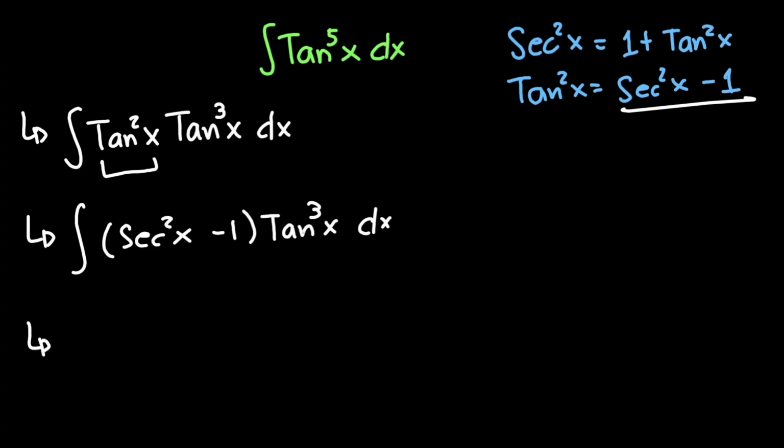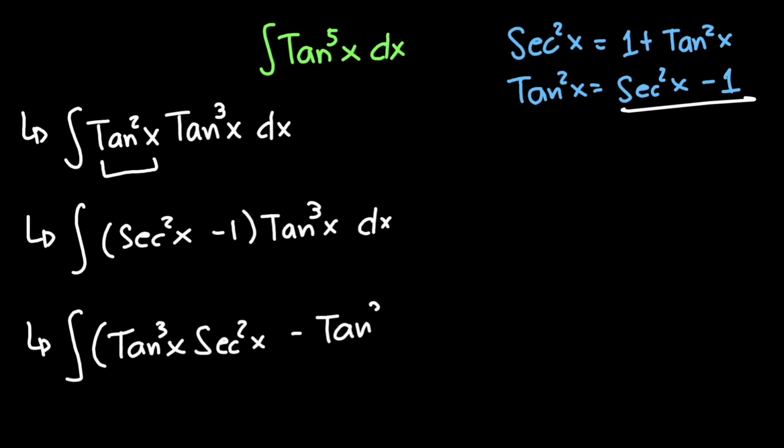And so, multiply tangent cubed within this with the inside of the parenthesis. So this would be the integral of tangent cubed of x multiplied by secant squared of x minus tangent cubed of x dx.